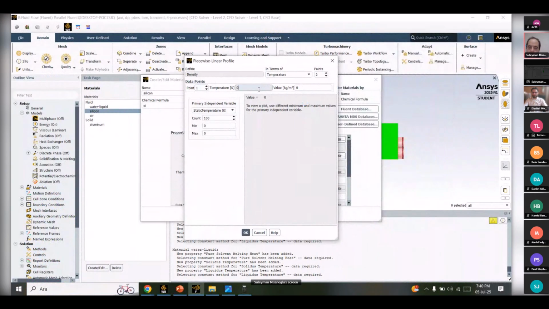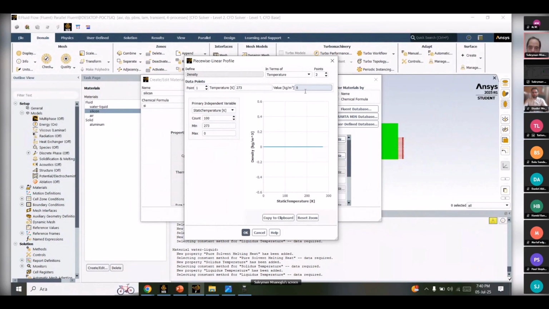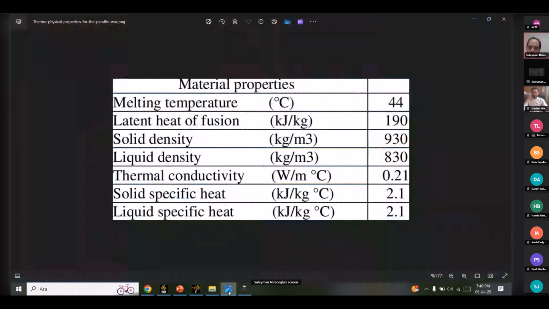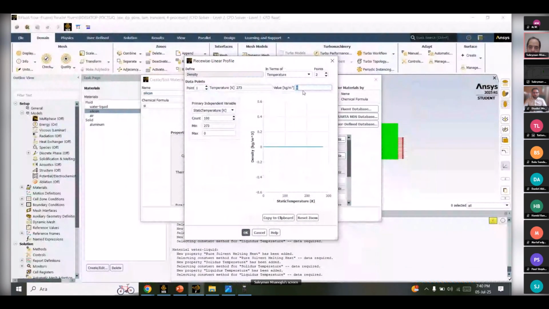Okay. First of all, this point is not important. Not 0 Kelvin, of course. 0 Celsius starting for the density value. 244, the solid density is 930.